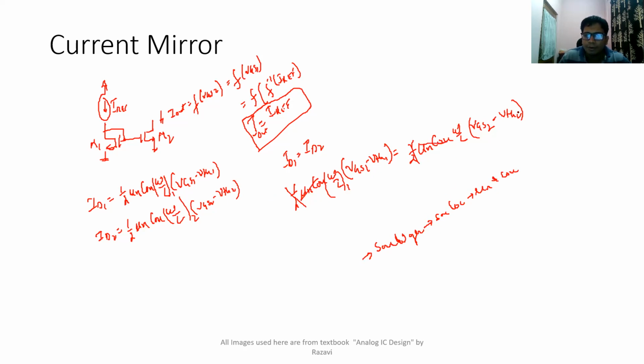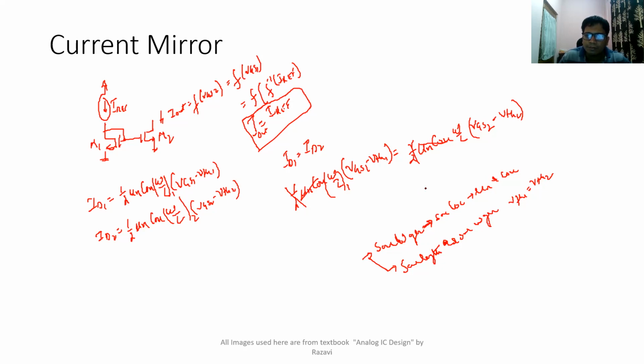Then their threshold voltage should be the same. What does that mean? It means their length should be the same, and they should definitely be on the same wafer, as we have already discussed. So if they are on the same wafer and have the same length, then you can have VTH1 equal to VTH2.